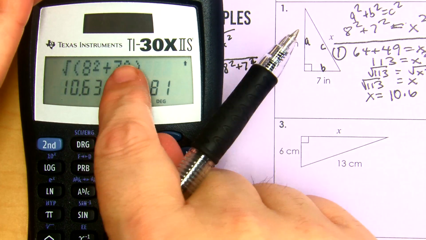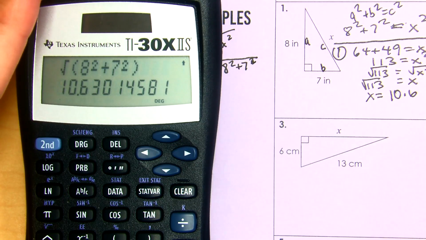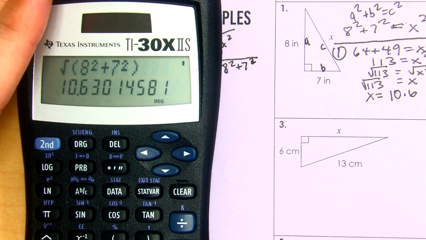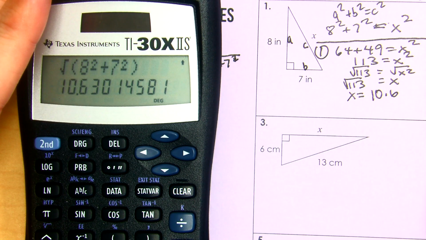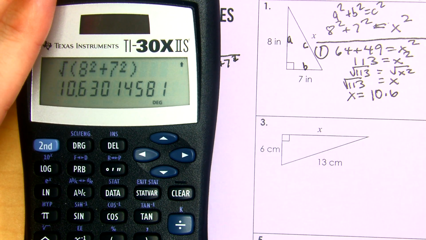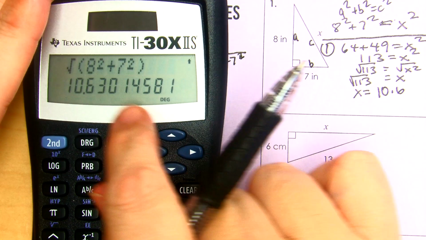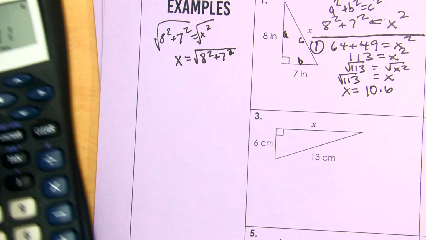So I like this because I always recommend that you use your calculator in the final step as opposed to at different points along the way. Because every time you use a calculator, you're going to start getting an approximate answer to these.